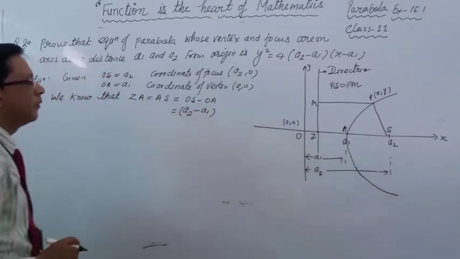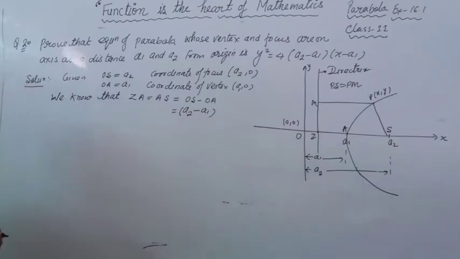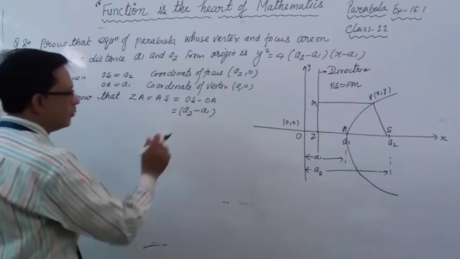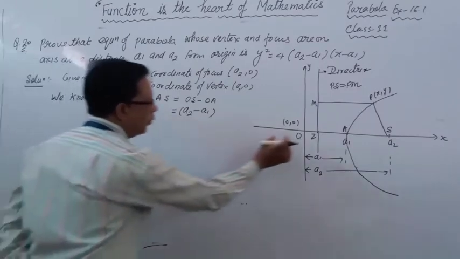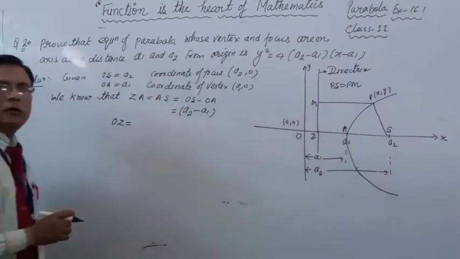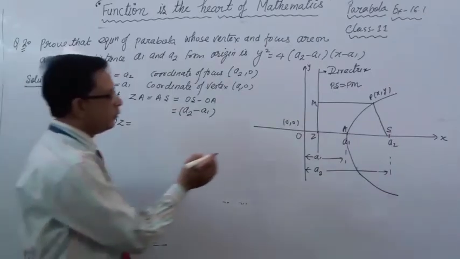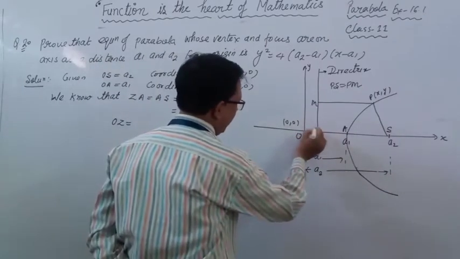So this is the value of ZA. Now what is the value of OZ? If we find OZ, then we know the coordinate of point Z.